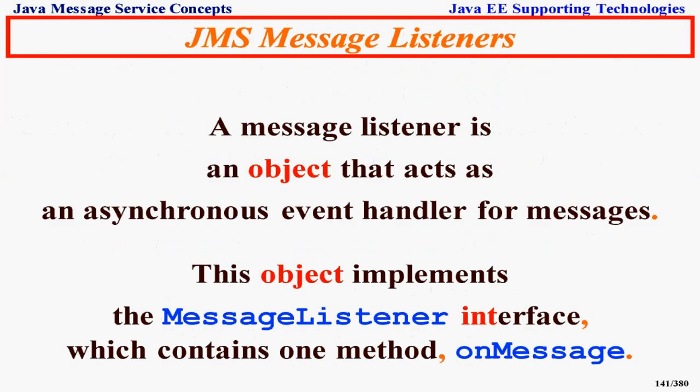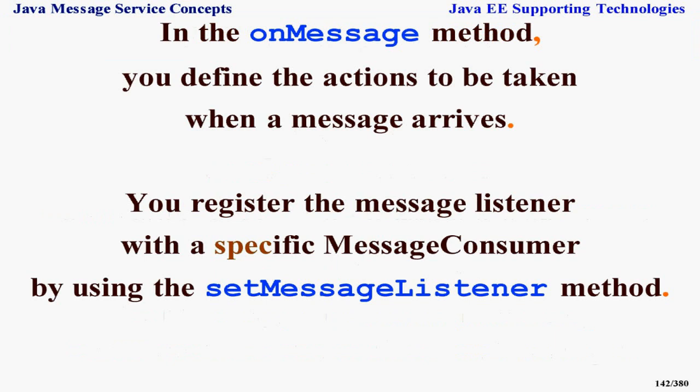JMS Message Listeners. A message listener is an object that acts as an asynchronous event handler for messages. This object implements the MessageListener interface, which contains one method, onMessage. In the onMessage method, you define the actions to be taken when a message arrives. You register the message listener with a specific message consumer by using the setMessageListener method.